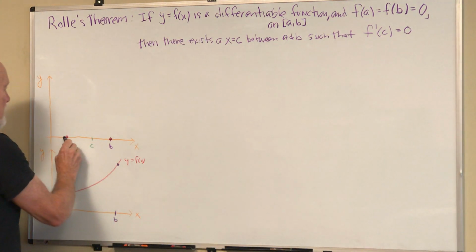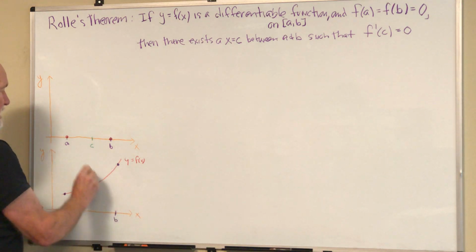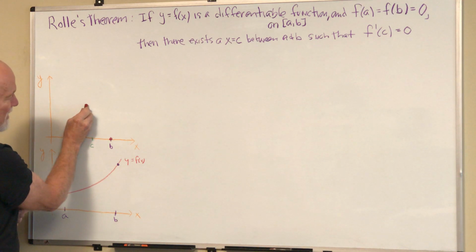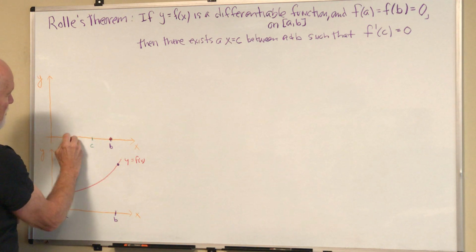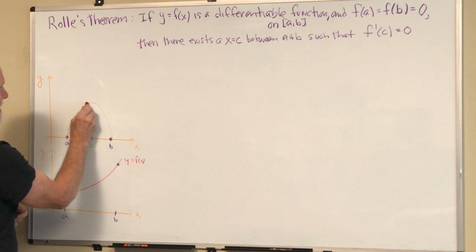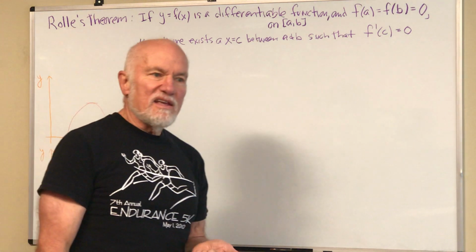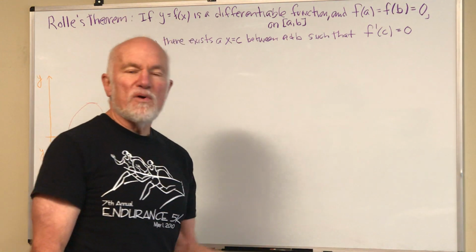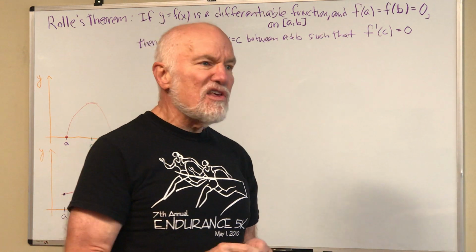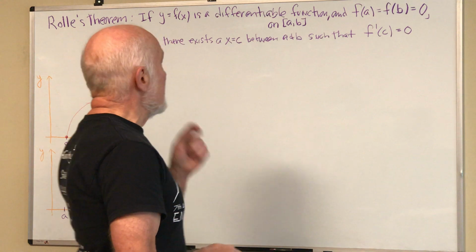Well, if you started to draw a graph from a to b, is it possible to get there without having a derivative of 0 at some point? First intuition might say there's no way of getting from that point to the other point without having a derivative of 0. But let's see if we can prove it using some of the things that we've done quite recently.